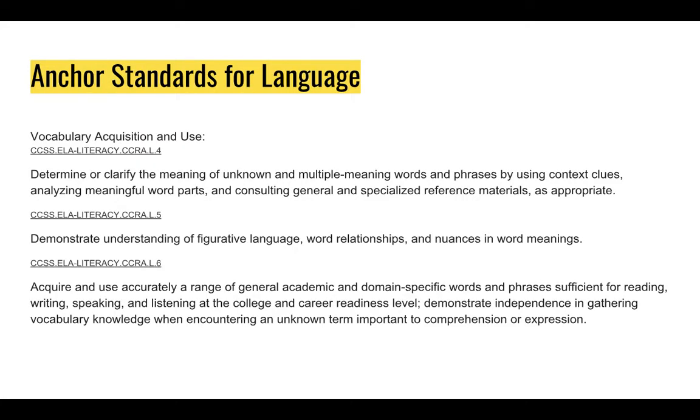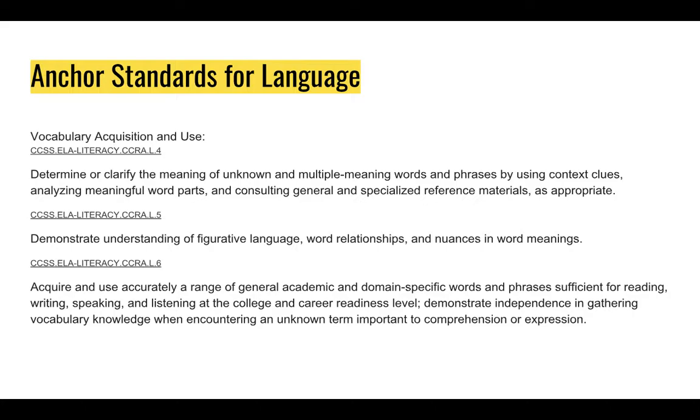Okay. This is the anchor standard for language that has to do with vocabulary acquisition and use. And you can see the Common Core really reoriented us to vocabulary acquisition. When I was an early teacher in the 90s, I would say vocabulary was considered a lower level skill, and there was really an emphasis, a kind of prejudice against direct instruction.